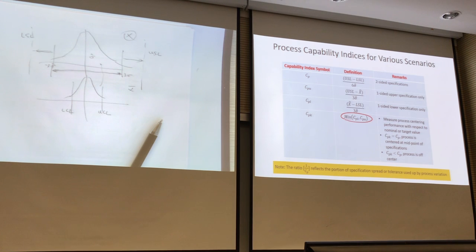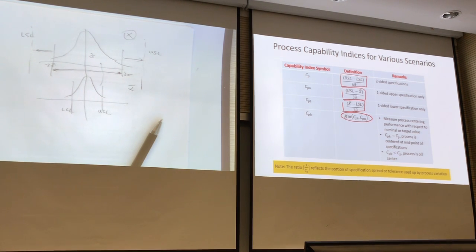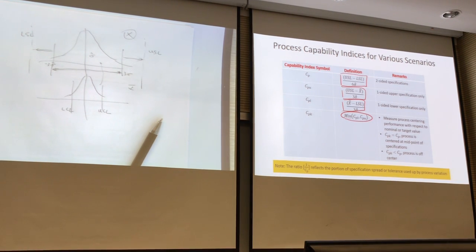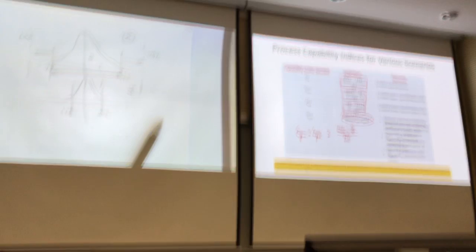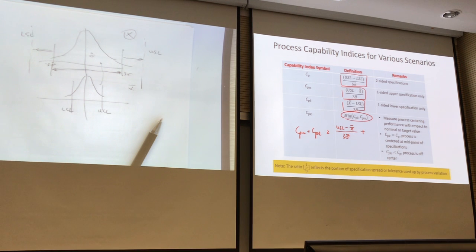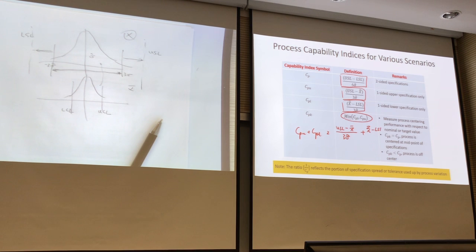Now, take a look at it. CP is like that, CPU is like this, CPL is like that. So CPU plus CPL is equal to upper spec limit minus this guy over this one, plus this minus lower spec limit over this one.